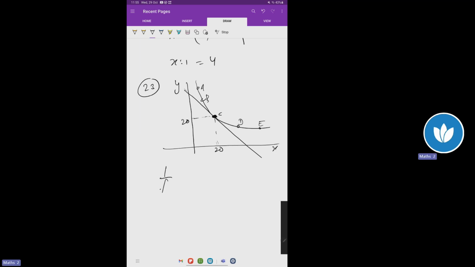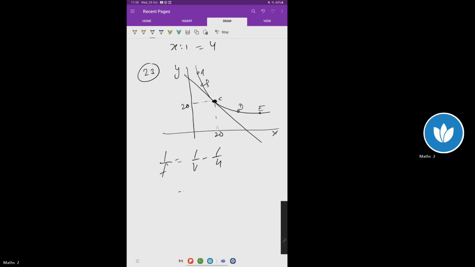So 1 by F is equal to 1 by V minus 1 by U, V is 1 by 20.